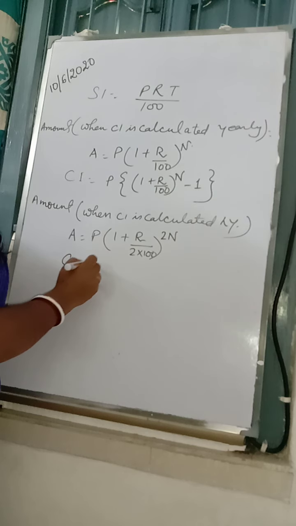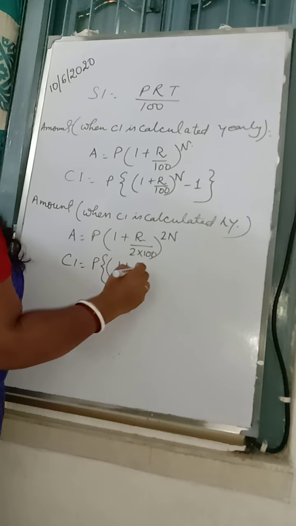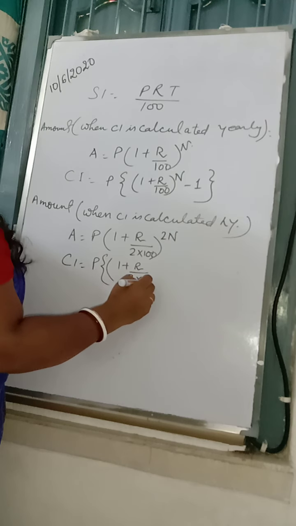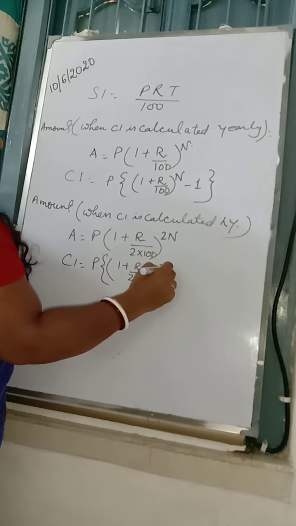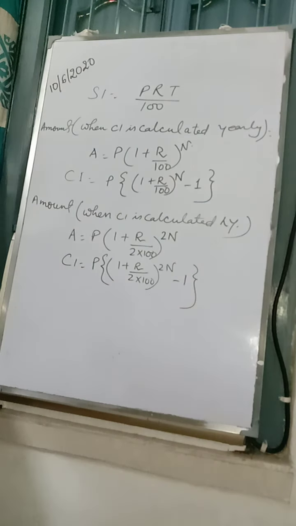And CI will be P into 1 plus R by 2 into 100 to the power 2n minus 1. This is for half yearly.